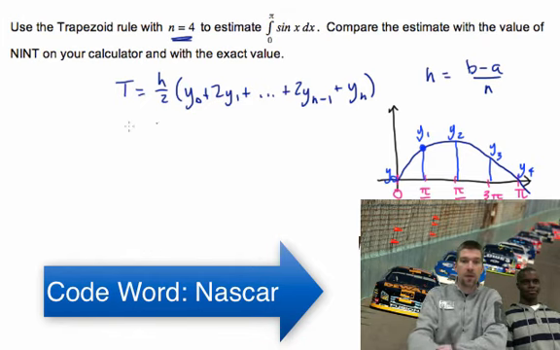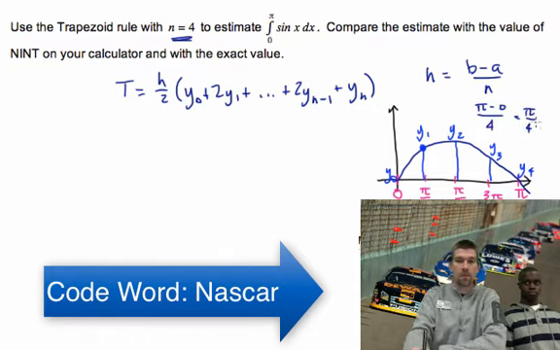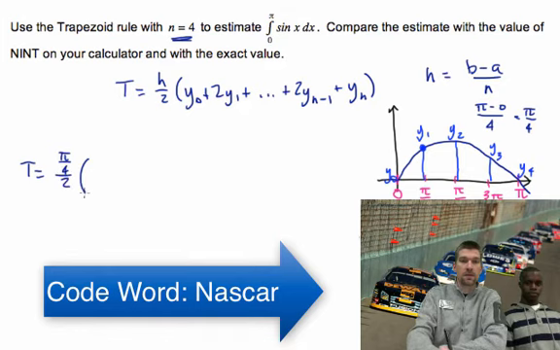So here we go. h over 2. Well, b minus a over n. This is going to be pi minus 0 over 4, which is pi over 4. And that goes over 2. So T is equal to pi over 4 over 2 times the sine of 0, which is 0, plus 2 times the sine at pi over 4.